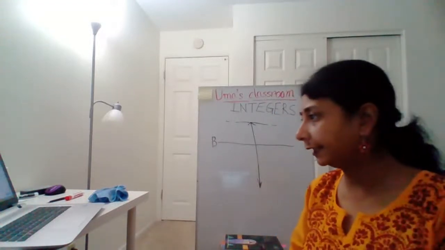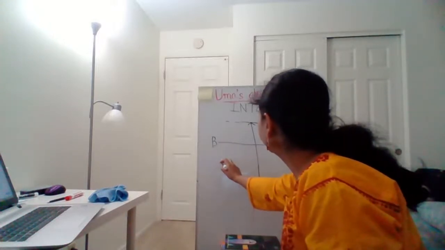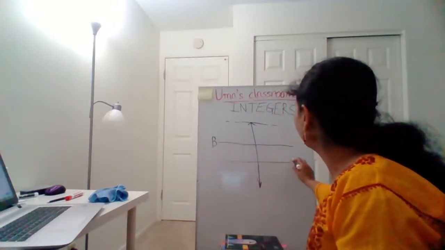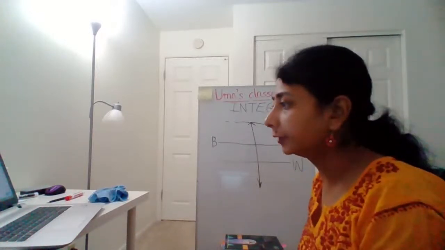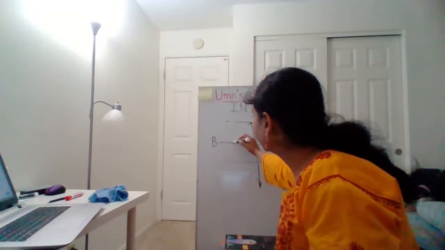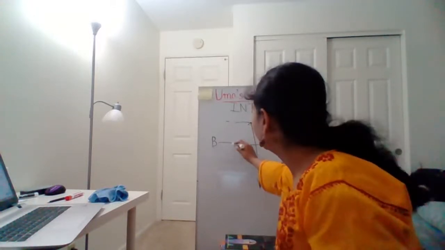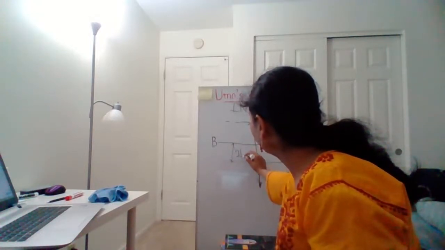Okay, let's solve it like that. So this is my bridge. Suppose this is the water level, W. And according to the question, from the water level, as Mr. X is on top of the bridge, this distance is going to be 20 meter.